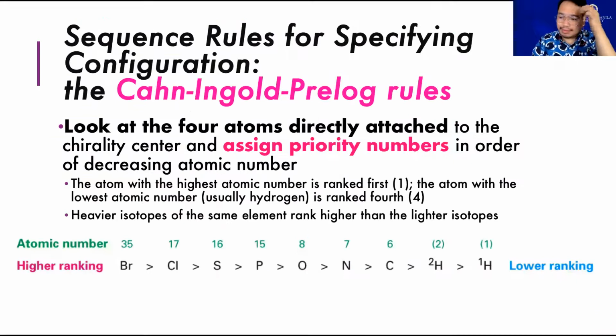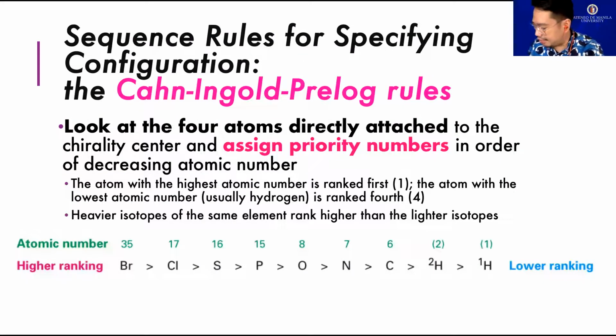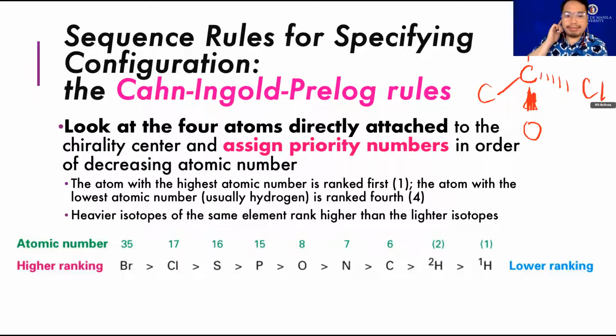Now, sometimes, it will be very easy. You'll have a central carbon, and then attached to it, you'll have things like hydrogen, carbon, oxygen, chlorine. So obviously all the atoms are different. It will be easy to rank. So the largest atom here is chlorine.